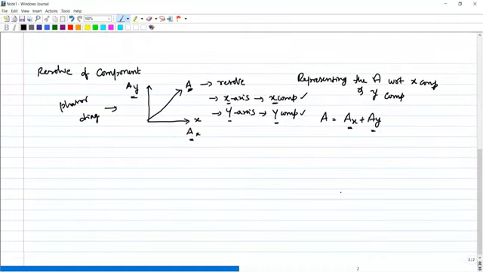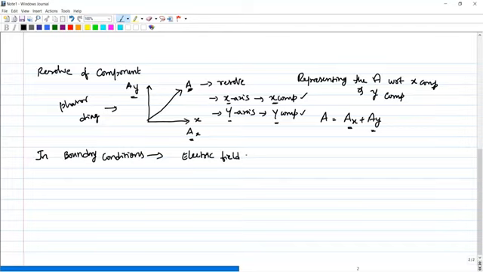So here in boundary conditions, we will take two parameters: electric field intensity, that is called E, and electric flux density, D. These are the two parameters for which we will do the analysis at the boundaries.